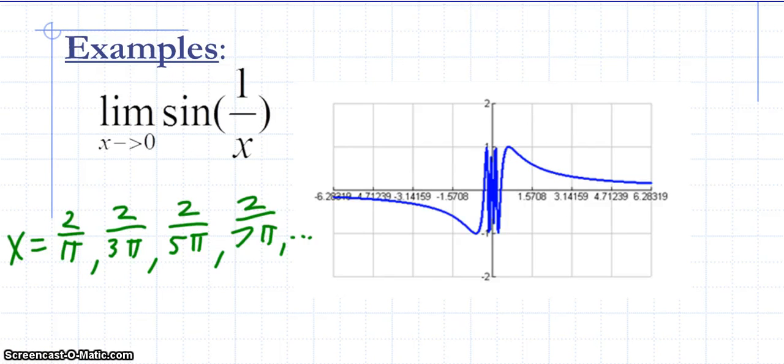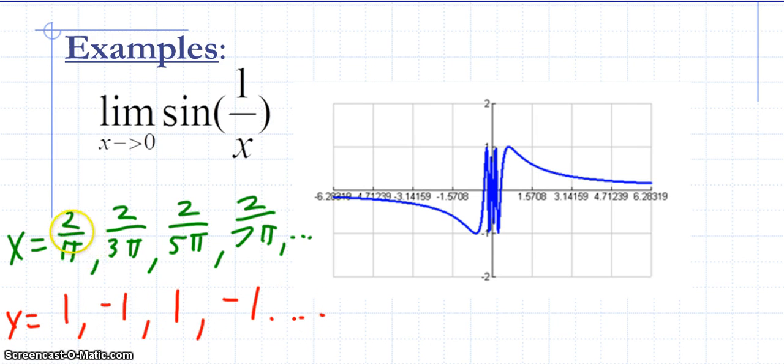Now, if I evaluate sine of 1 over x at those values, what is the sine of pi halves? Sine of pi halves is 1, 3 pi halves is negative 1, 5 pi halves is 1, 7 pi halves is negative 1, and so on.